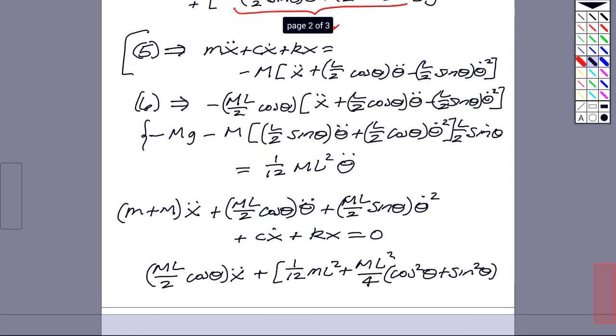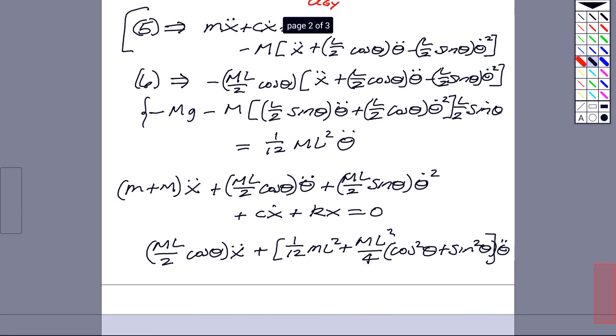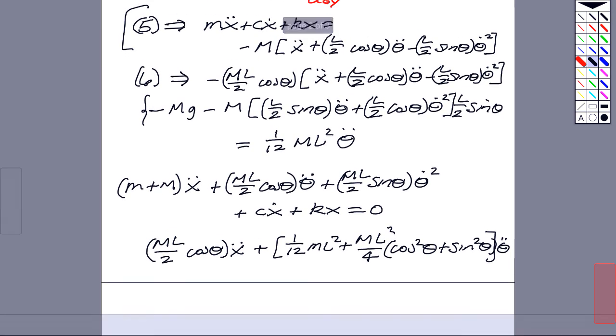So please leave room for theta double dot. On that side, I will also bring over a term here of minus m L squared over 4 sine theta cosine theta times theta double dot. And that's going to be added on to the same kind of thing with a plus sign.